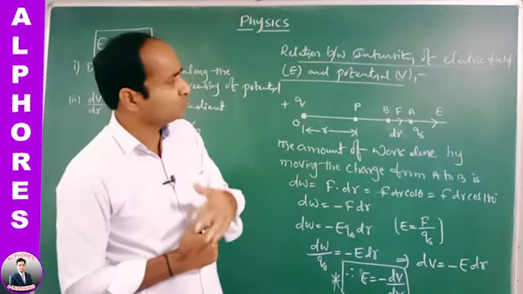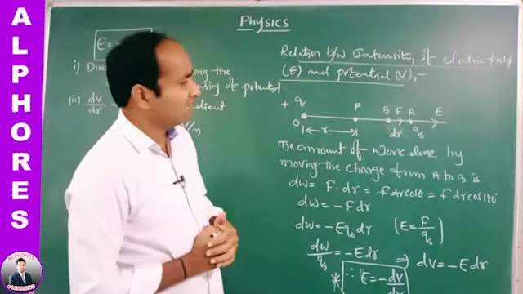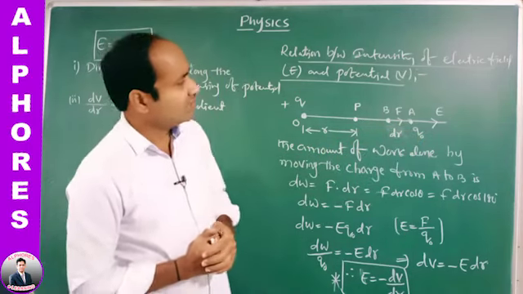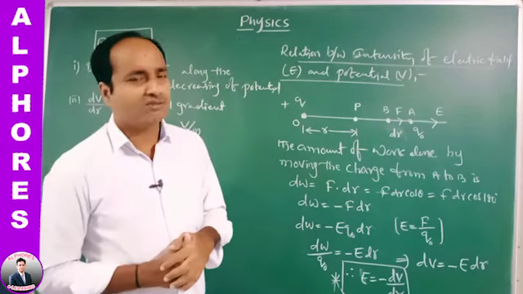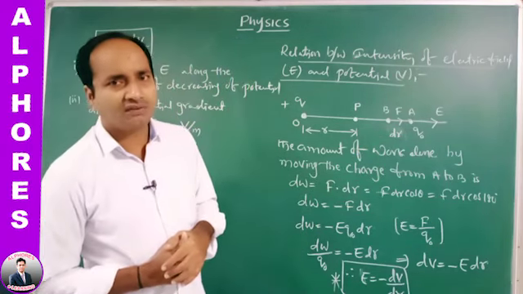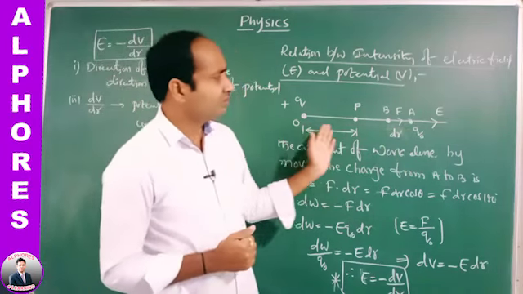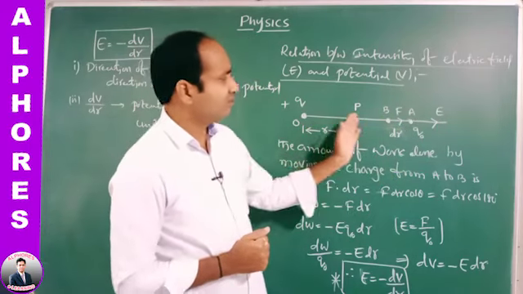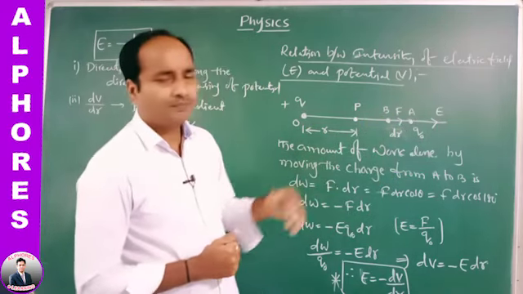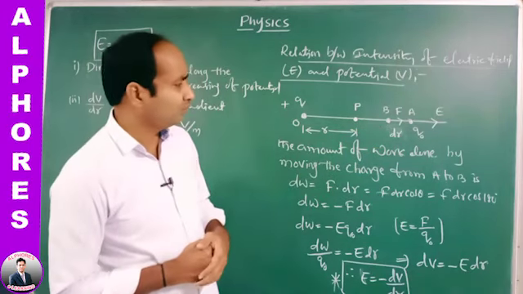If a charge Q0 is kept at point A in this electric field, the charge Q0 is a positive charge. Whenever a positive charge is placed within the electric field, the direction of force will be along the direction of electric field, that is, from B to A here. Now it is a repulsive force, so we have to move the charge from A to B.